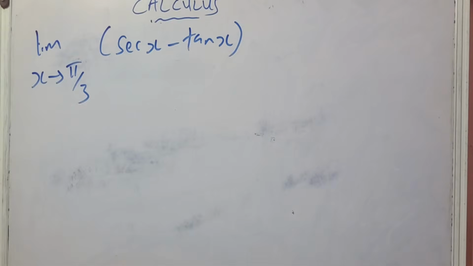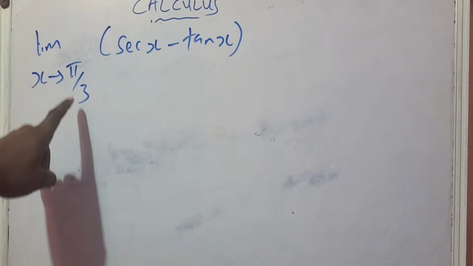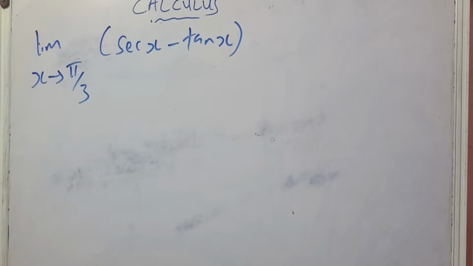Now, again, I told you, you need to have knowledge around trigonometry for you to understand calculus properly. If you do not understand what pi over 3 means, and you don't even understand what pi means, you'll be having some issues. All right? When you're dealing with angles and you see the symbol pi, it actually means radian. So now let's go on to solve this question.